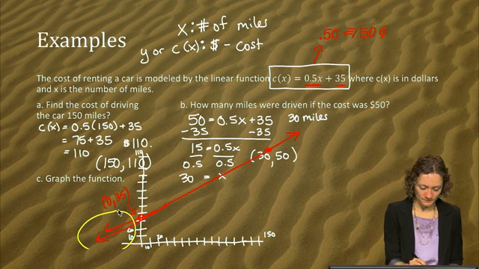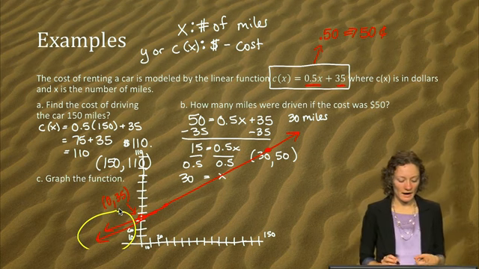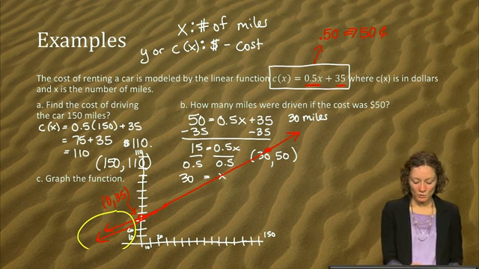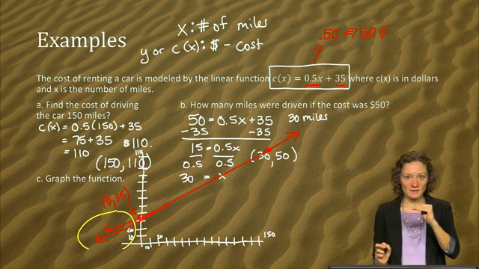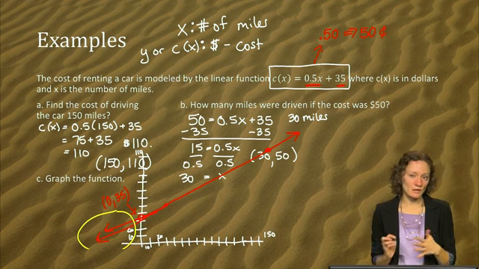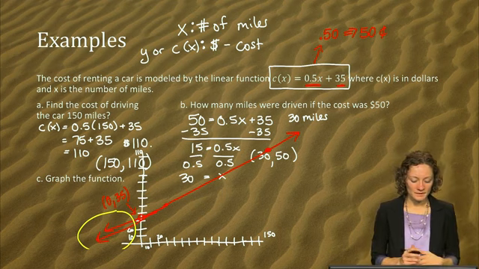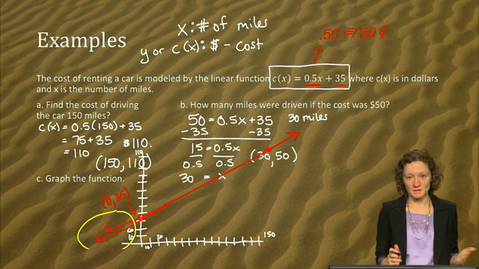When we get to the left side of the graph, we're saying we're driving negative miles and then paying money. Not going to happen. And eventually you're driving negative miles and negative money. So it becomes not realistic at a certain point.